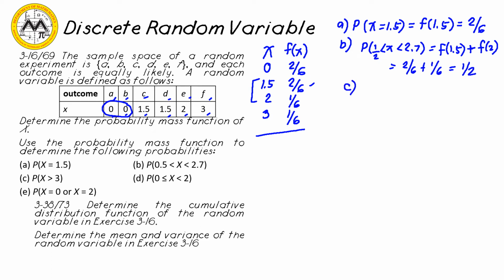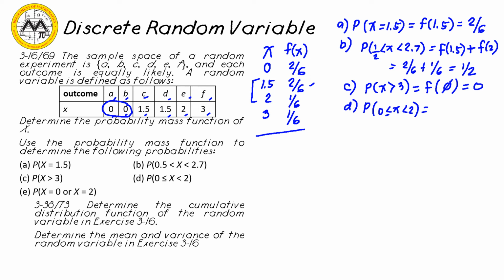Letter C. What is the probability that x is greater than 3? There's no value greater than 3, so that is f of an empty set. So that is 0. There is no value of x greater than 3. D. What is the probability that x is greater than or equal to 0 but less than 2?